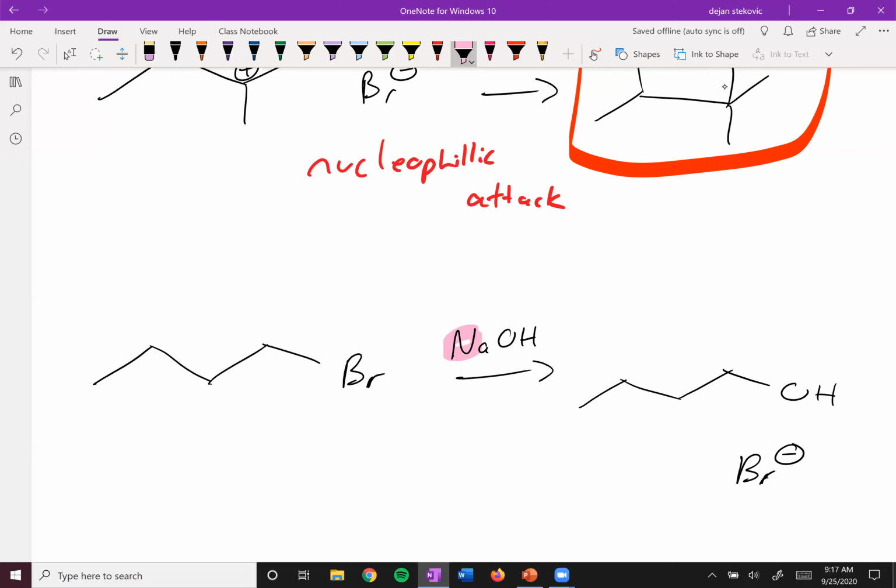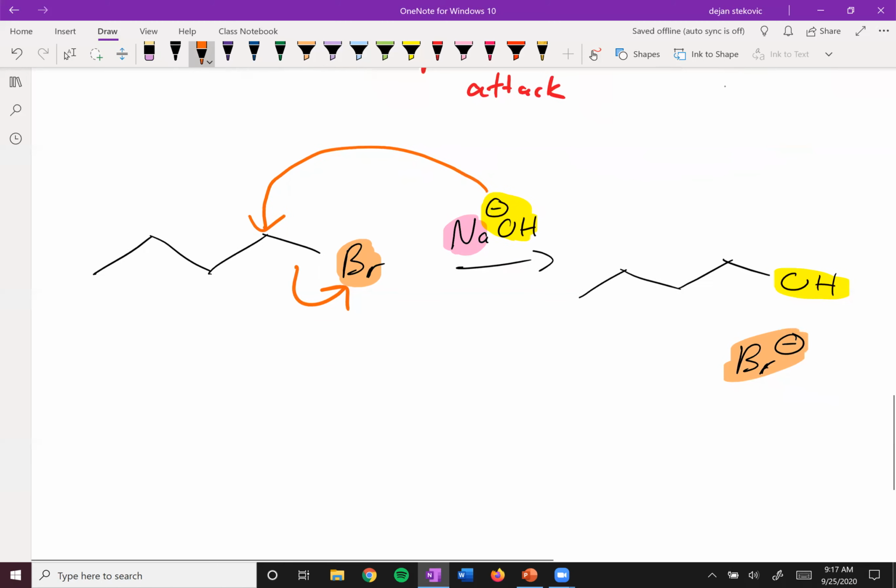Remember that this sodium is just a spectator ion, so really what we're thinking about here is hydroxide. Over here, we have this bromine. On the right, we have a bromide. So we're thinking maybe a leaving group leaving, something like that. And then, of course, we're attaching the alcohol over here, so we're thinking a nucleophilic attack. And so we can draw a mechanism that looks like that.